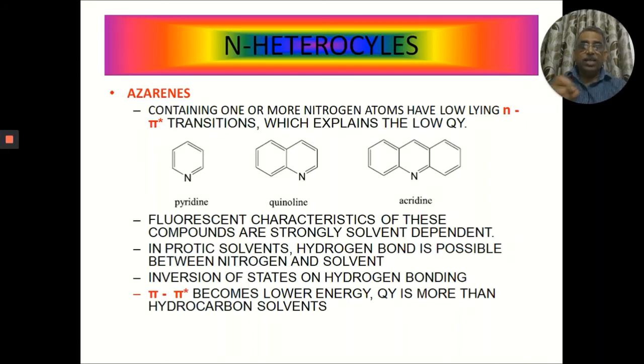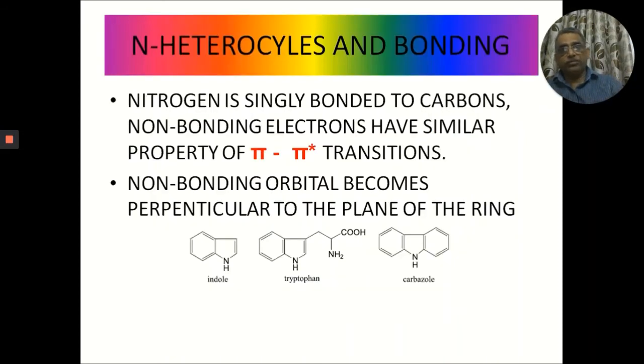The reason is that hydrogen bonding facilitates the lowering of the pi to pi star transition. This is what is happening with the nitrogen heterocycles. If nitrogen makes a bond with other atoms like a proton, hydrogen, or carbon, the non-bonding electrons take on properties similar to the pi to pi star transition. So if you make a bond with nitrogen, you are losing almost the n to pi star character in the electronic transition.